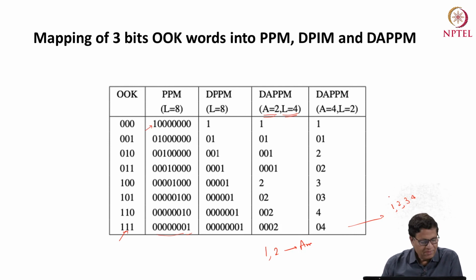So a well-designed DAPPM will give you a high transmission capacity, but the average power requirement is actually high.